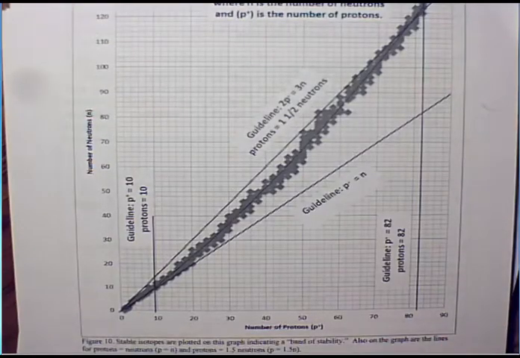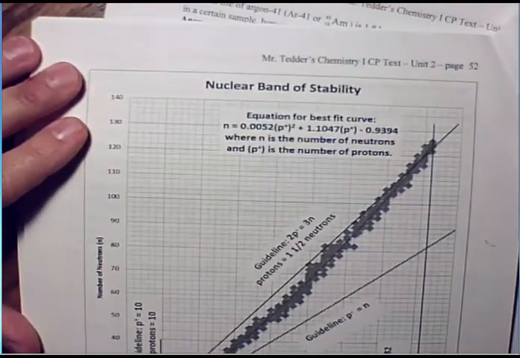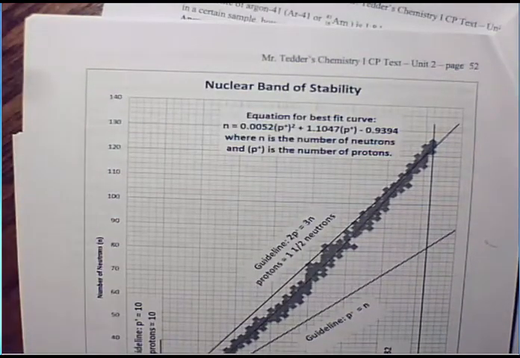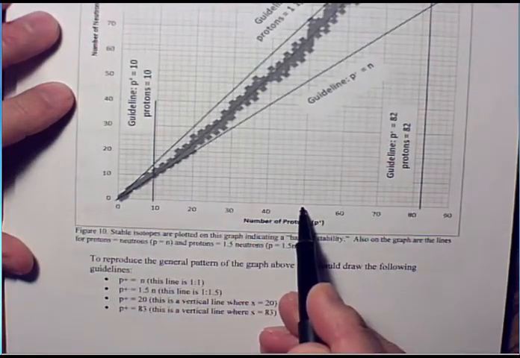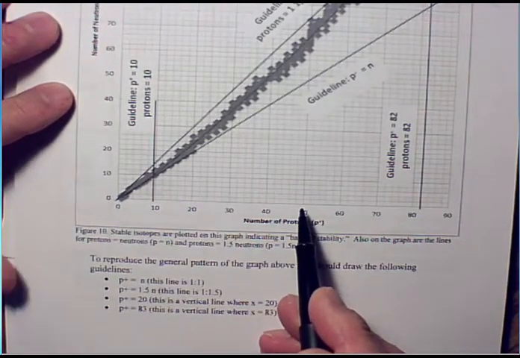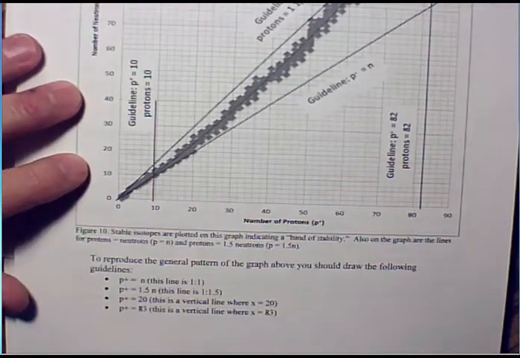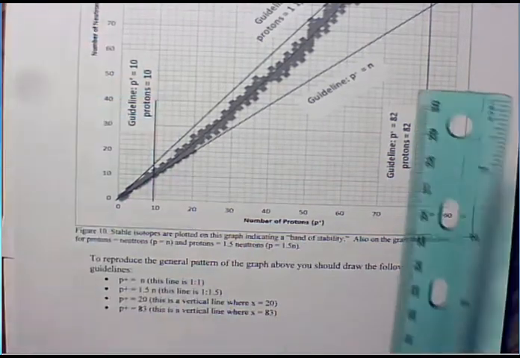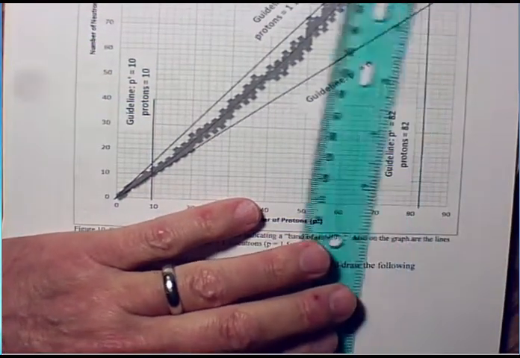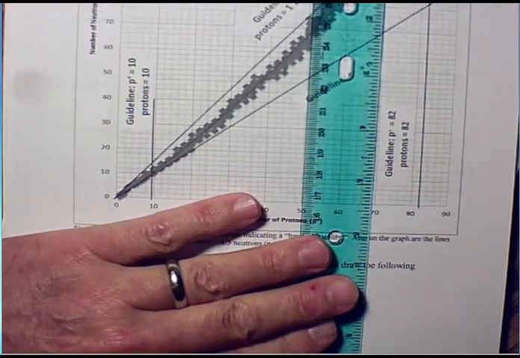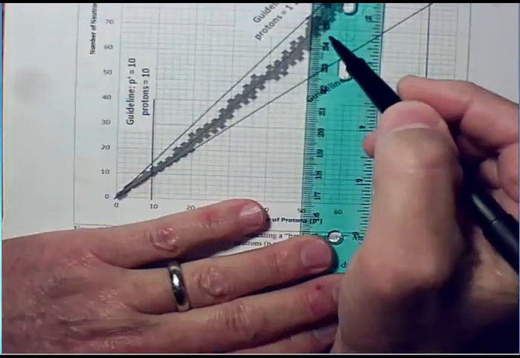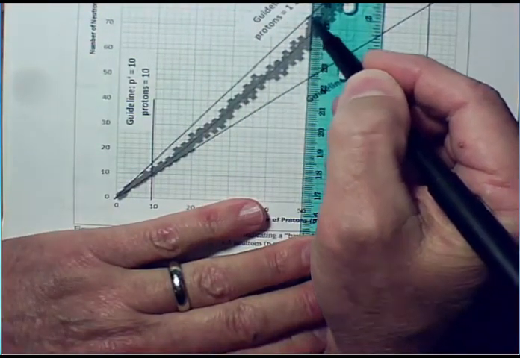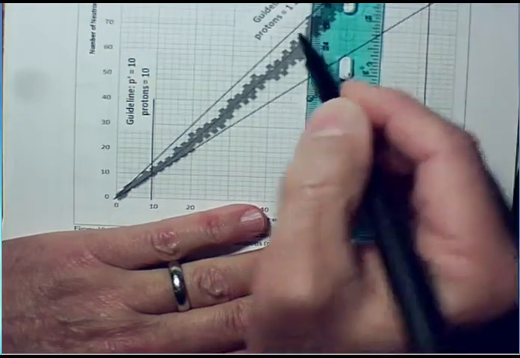Okay, just as an example, on the band of stability, which is what we drew in class, okay? If we look for element 50, it's right on this line right here. If you want to know which isotopes are stable, we just go and look at element 50, and on the left-hand side of this ruler here is where element 50 is, okay? And we compare that against all the numbers of neutrons, and you can see there are a lot of stable isotopes for tin, okay?